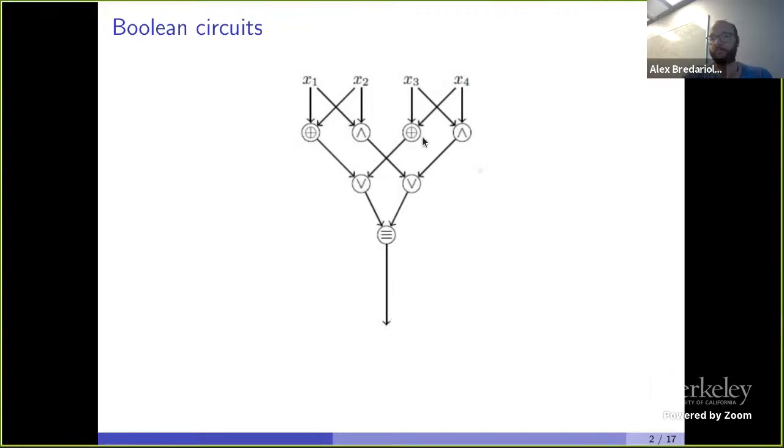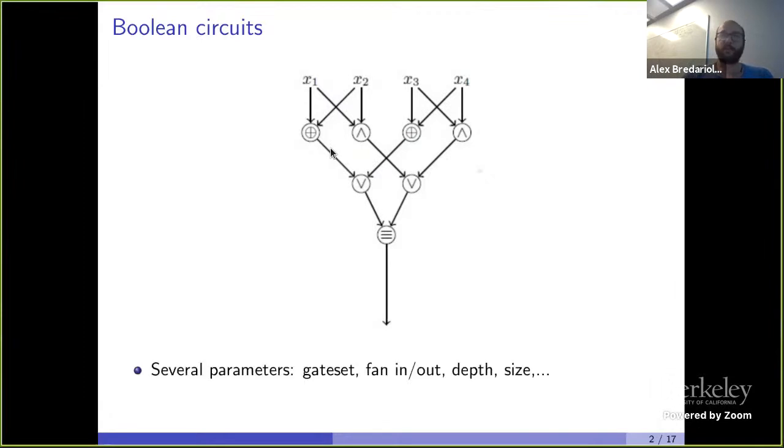The inner nodes of this DAG are called gates, and they compute some functions on their inputs. For each gate, you have some input to it, and it computes some function that is its output. Boolean circuits appear in different forms, so you can choose what different functions could be in these inner nodes.